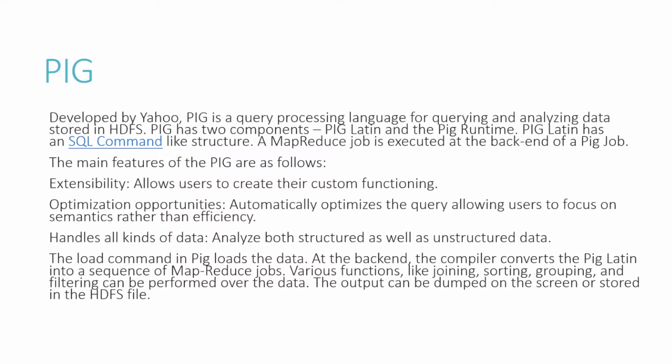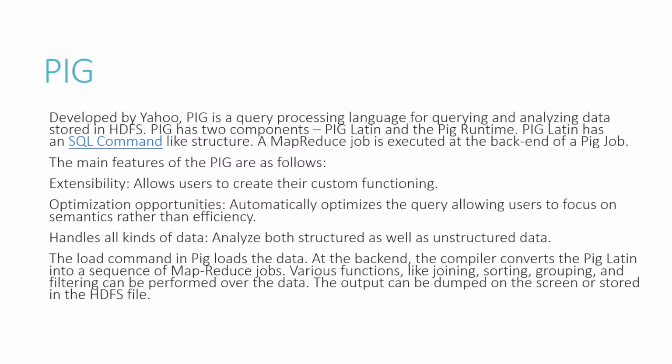It handles all kinds of data, so you can do structured data as well as unstructured data. The load command in Pig loads the data. Similar to Hive, where you do a create statement along with the load, or you can do a load statement after the create statement, so you can load a file into a table.